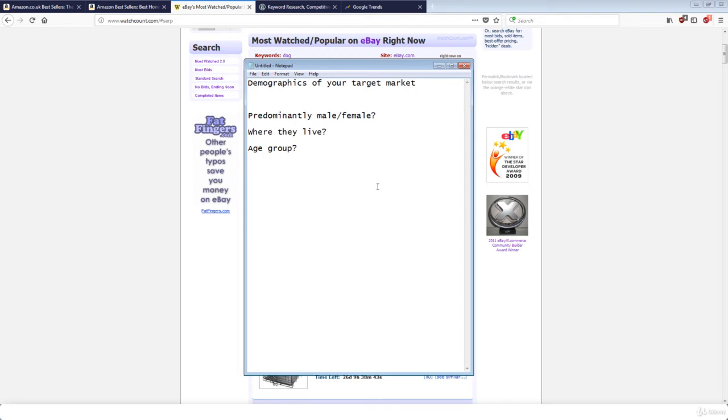But then I could do some research around on Facebook and just on the internet in general, just to get more of an idea if I felt I needed to. I really don't think I would need to for that because I already know. But if I didn't know, I would have to spend some time going to different stores online, that sort of thing.